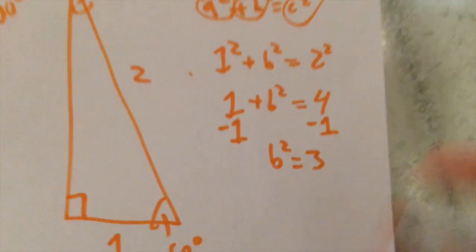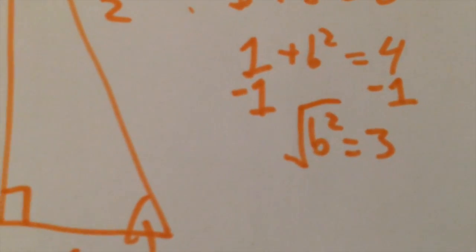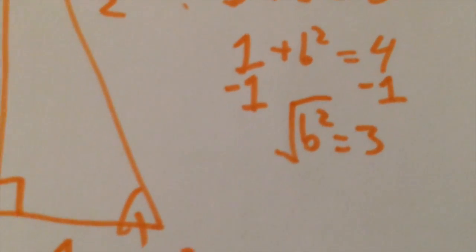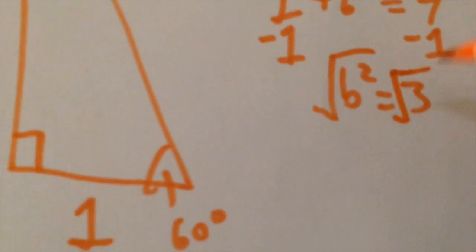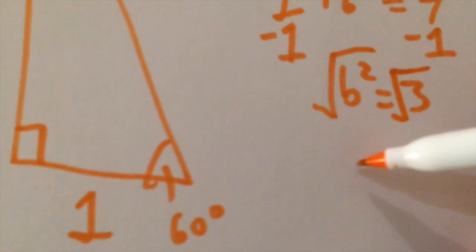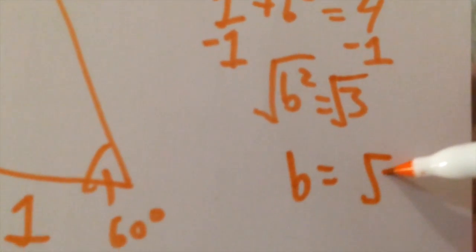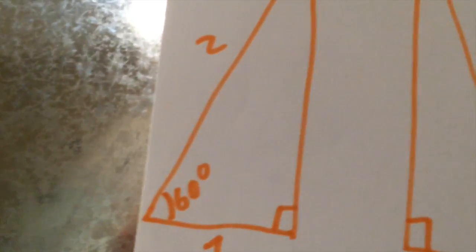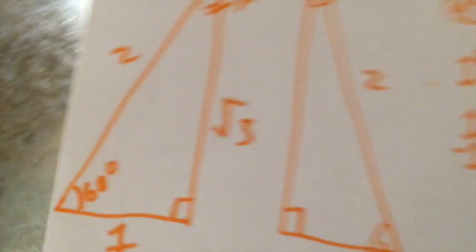You got to take the root of this bad boy, because b squared cannot be left as b squared. You got to get that value down to the original. So we're gonna root 3 as well. So we're gonna end up with b equals root 3, and that is the answer to that side.